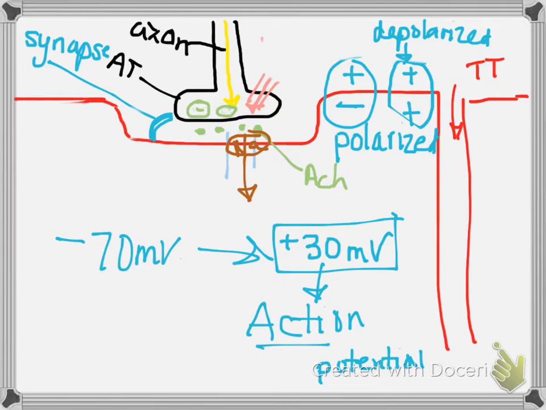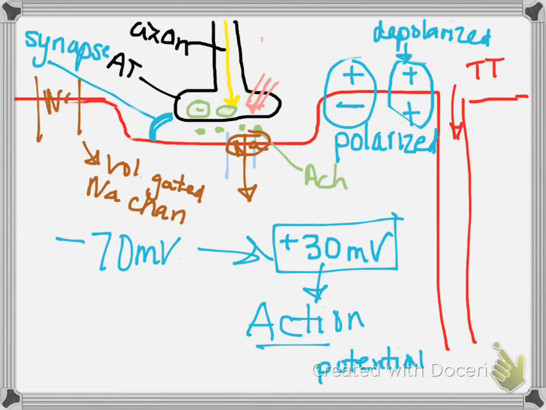Once we reach positive 30 millivolts, then we have tons and tons of voltage-gated sodium channels that open. And now, everywhere throughout the sarcolemma, not just at the neuromuscular junction, sodium rushes into the cell. So that's essentially how you get this electrical current to spread throughout the entire cell.